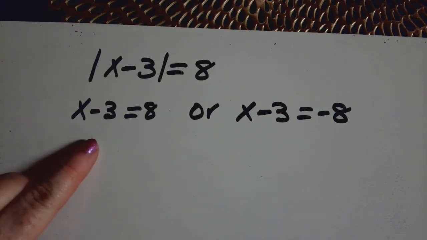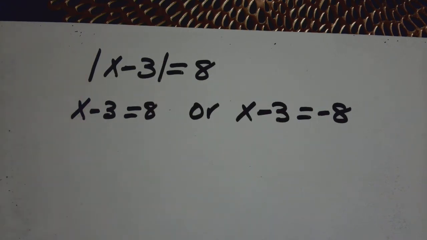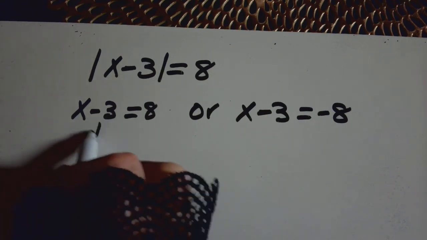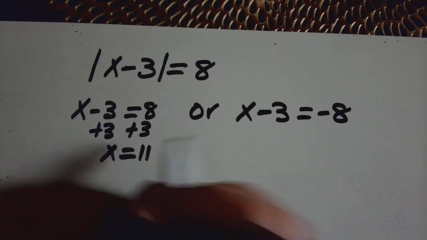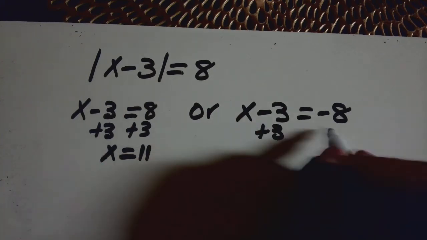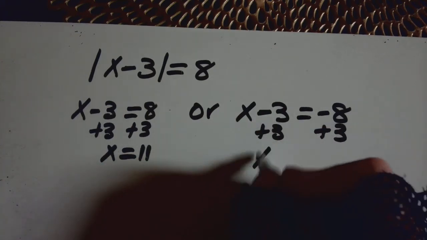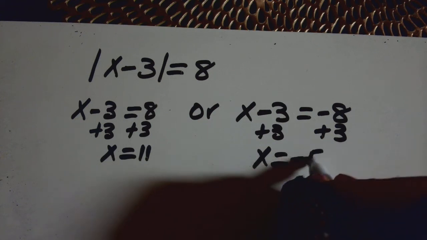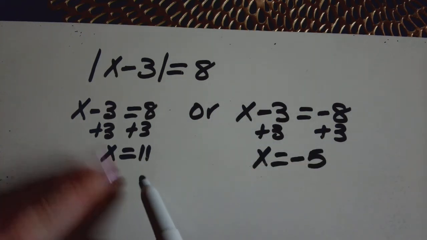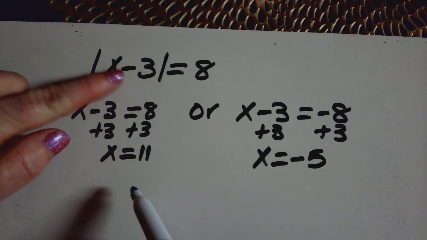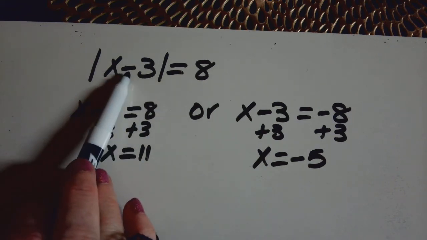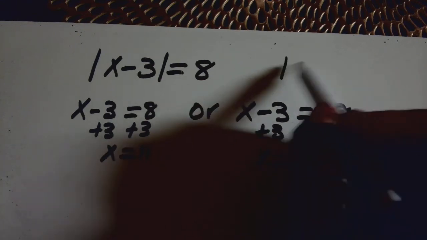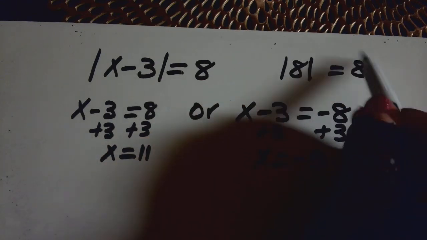I'm going to show you after we solve, we're going to put them in and you're going to see their solutions. So add 3. So x equals 11. And add 3 to negative 8, and x equals negative 5. So let's test. 11 minus 3 inside the absolute value bar is the absolute value of 8 equals 8, and that is true.